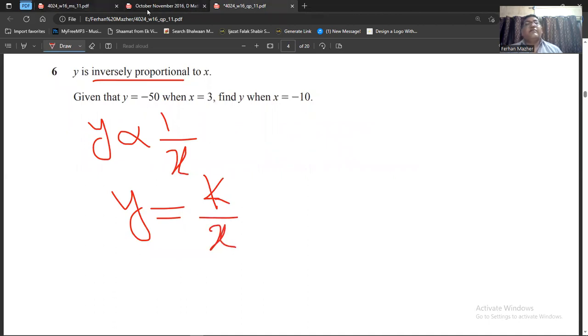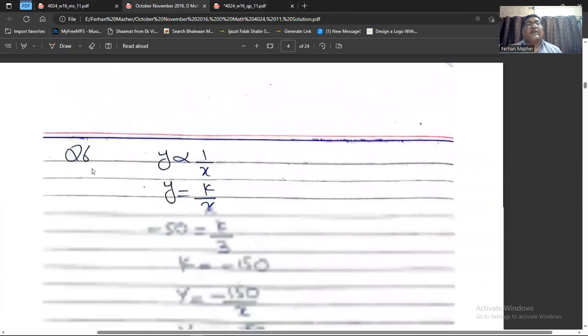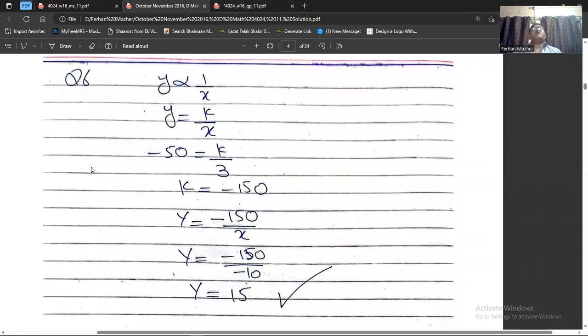So from here, I will put in these values. The value of y is minus 50, and the value of x is 3. So the k value will be minus 150. The formula will become y equals minus 150 divided by x.